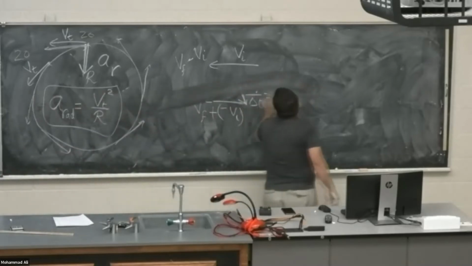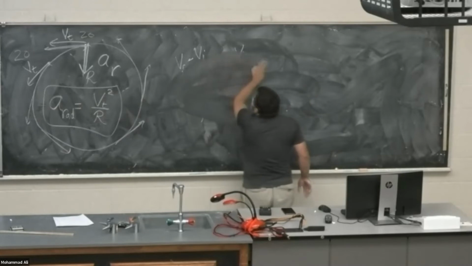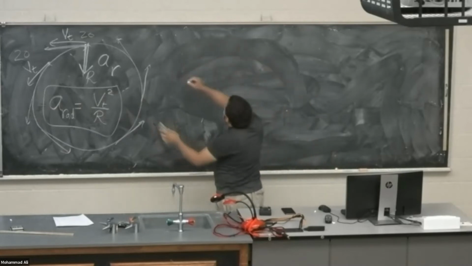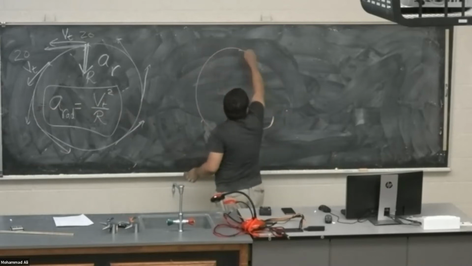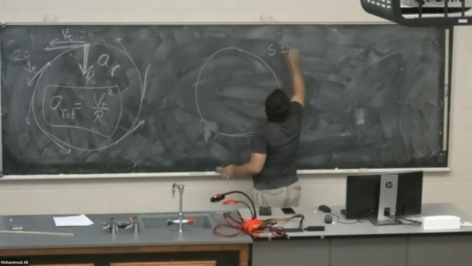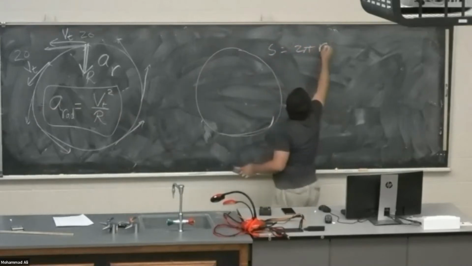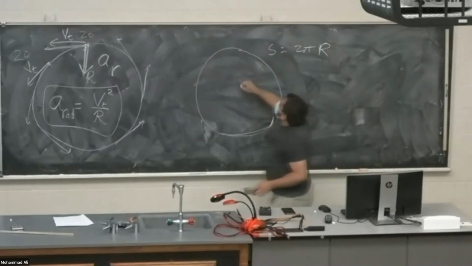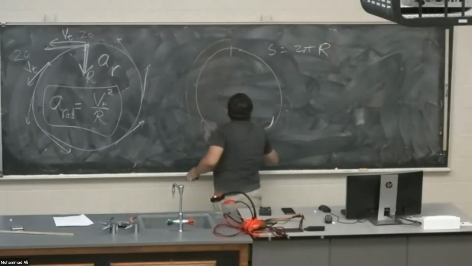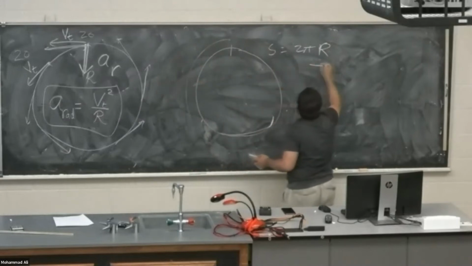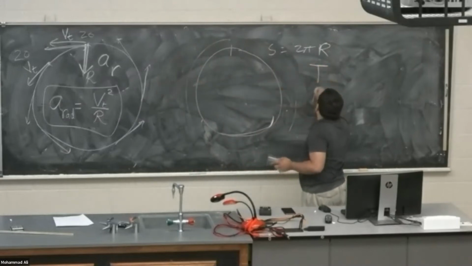Okay. Now we will deal with some math, with some geometry for a circle. The circumference is equal to 2 pi r, or R capital. If we have a constant speed, then we will rotate it by a time. This time is capital T, which is named period.